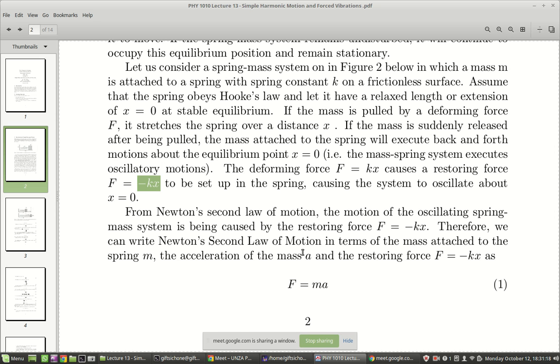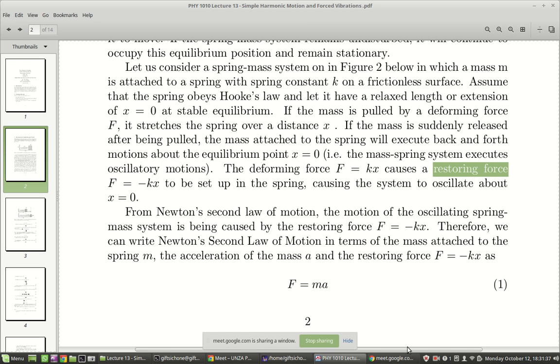It is this restoring force which the spring uses to pull the mass back, but as the spring tries to pull the mass back to its equilibrium position, the mass will not stop at the equilibrium position. The mass is going to go beyond the equilibrium position.